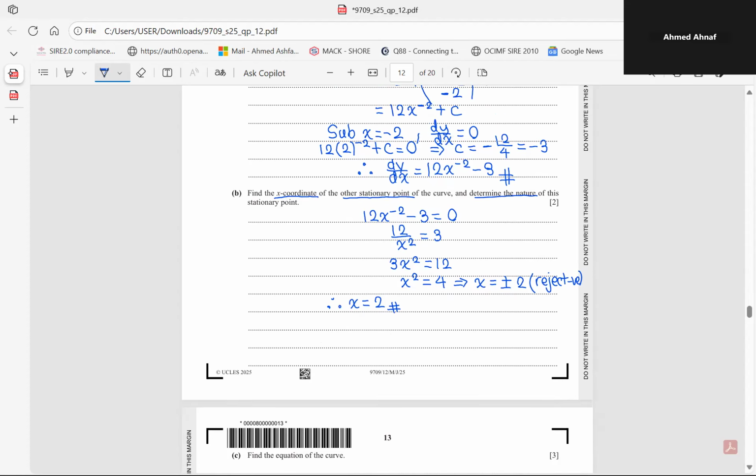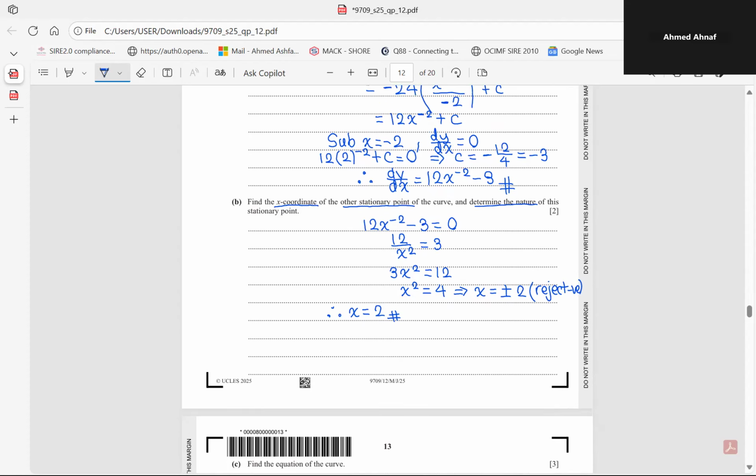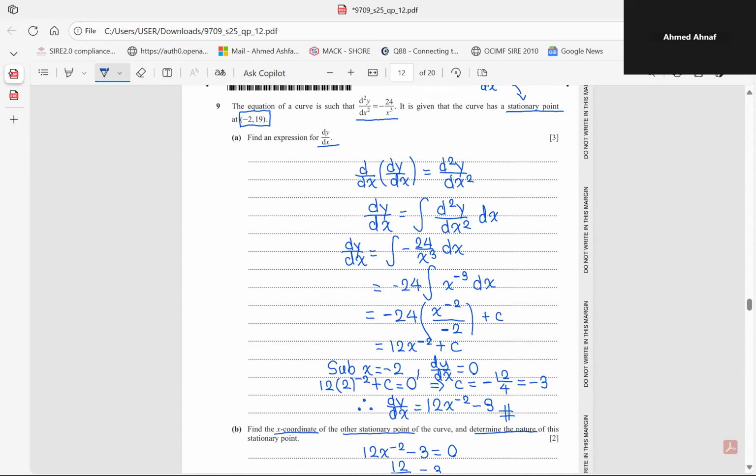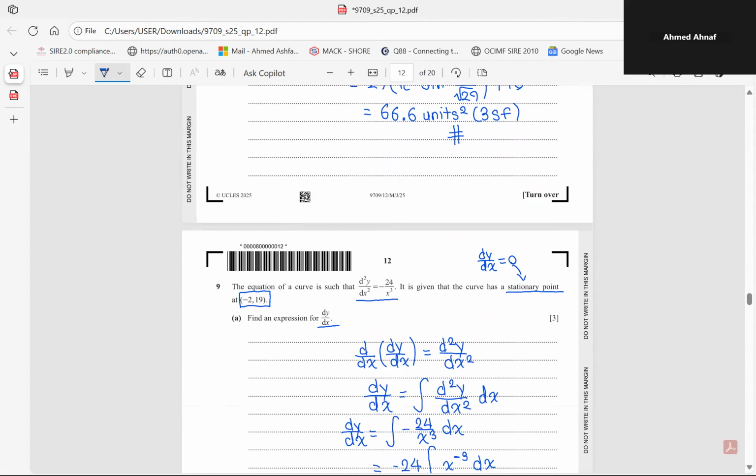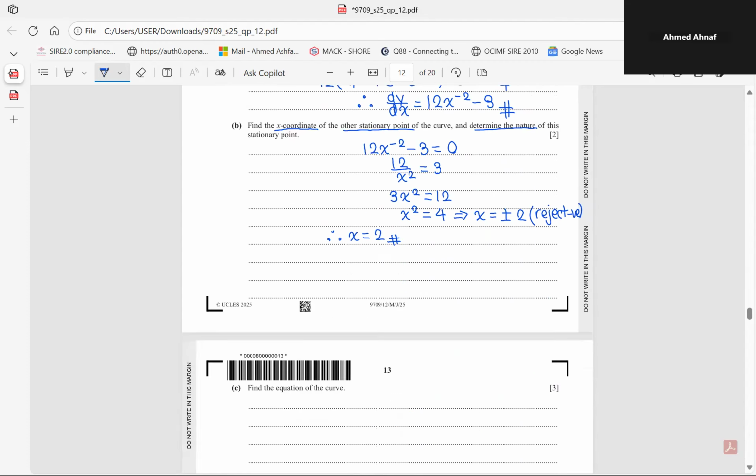Okay, and now for the second part of the question, to determine the nature of the stationary point, just substitute your x coordinate into the second derivative. So d²y/dx² is equal to minus 24 over 2 cubed.